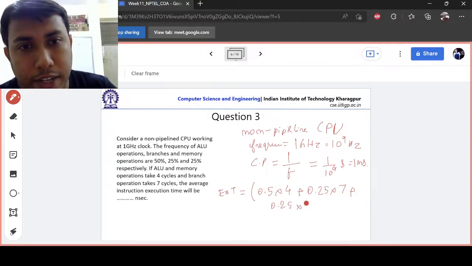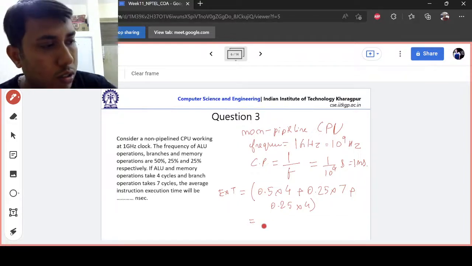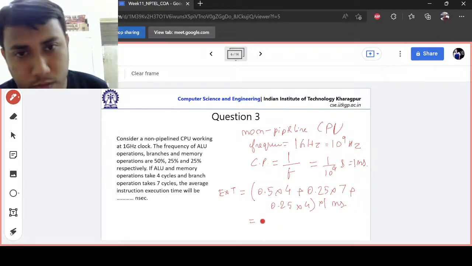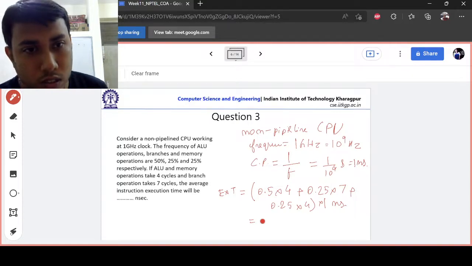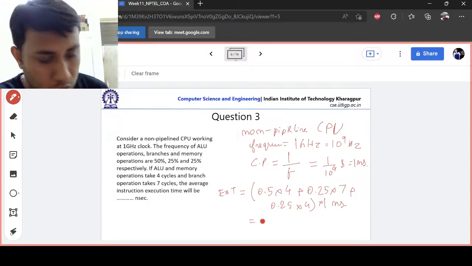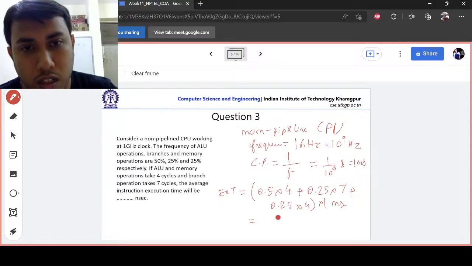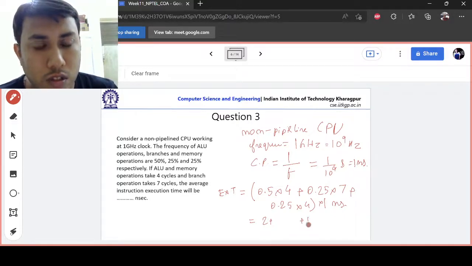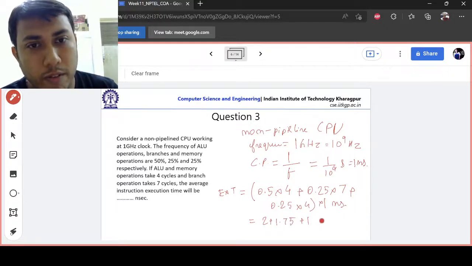And how many cycles does it take? 4. So basically into 1 nanosecond, right? So if we calculate, this will come out to be 2 plus 1 plus 1.75, that is 4.75 ns.